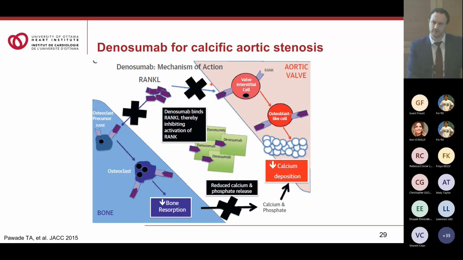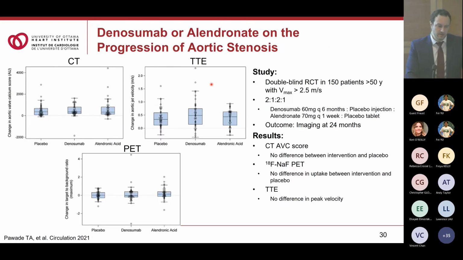So that was a thought in terms of the pathophysiology of how those agents would work. Unfortunately, a study published very recently, in 2021, showed no impact on progression of aortic stenosis. That's in terms of the aortic valve calcium score, sodium fluoride PET, and echo parameters. So really no significant impact with denosumab or alendronate in this case.